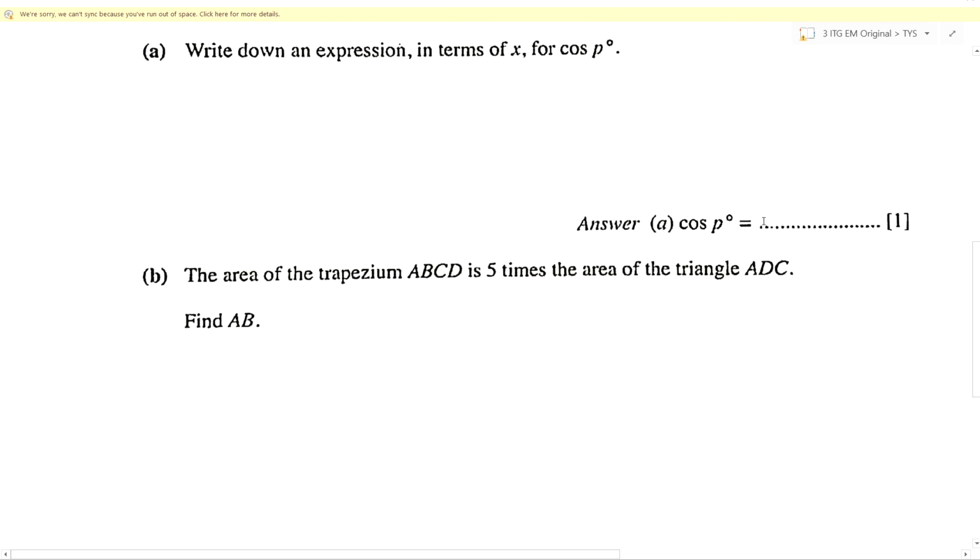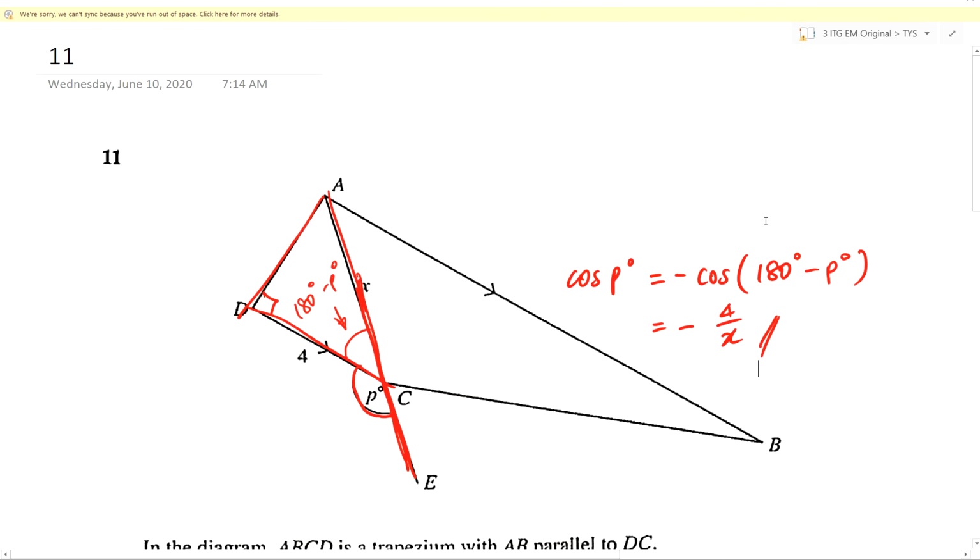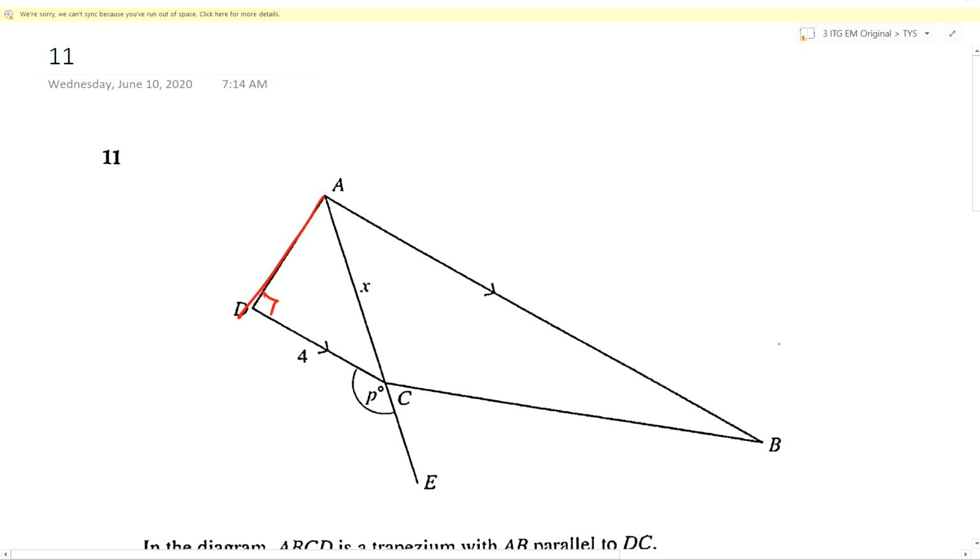Next, for part B, the area of the trapezium ABCD is 5 times the area of ADC. Trapezium. Area of a trapezium is given by the formula half times sum of parallel sides. So area ABCD is half times the sum of the parallel sides, which is DC plus AB, times the perpendicular height. In this case, it is AD.